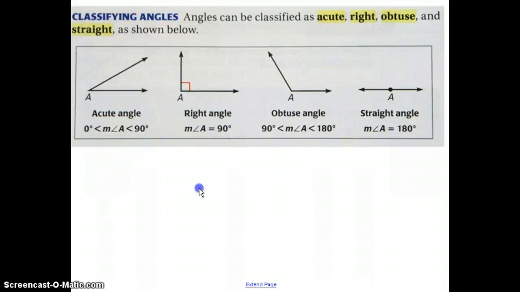If it's equal to 90 degrees, now we're dealing with a right angle. And notice this notation in the picture. You have this little square figure at that vertex. That's the notation that says this is a right angle. You go past 90 degrees, now you're talking about the obtuse. There's no real symbol to it, you just call it an obtuse angle, but that's more than 90 but less than 180.